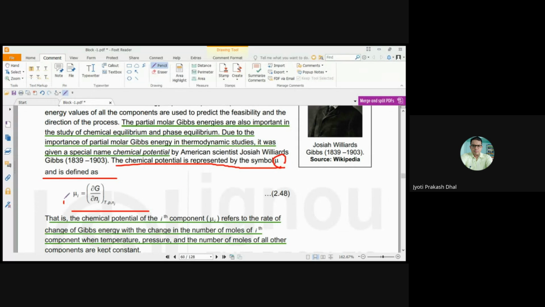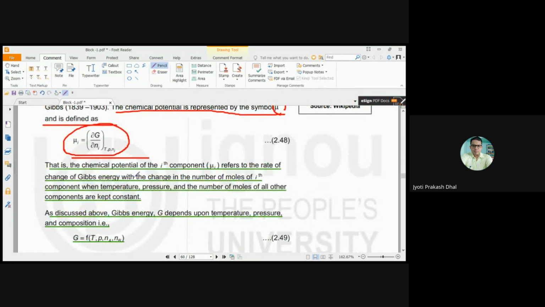So mu i equals del G by del Ni at constant temperature, constant pressure, and constant number of moles of the other components except the ith component. Thus the chemical potential of the ith component, mu i, refers to the rate of change of Gibbs energy with change in the number of moles of the ith component when temperature, pressure, and the number of moles of all other components are kept constant.